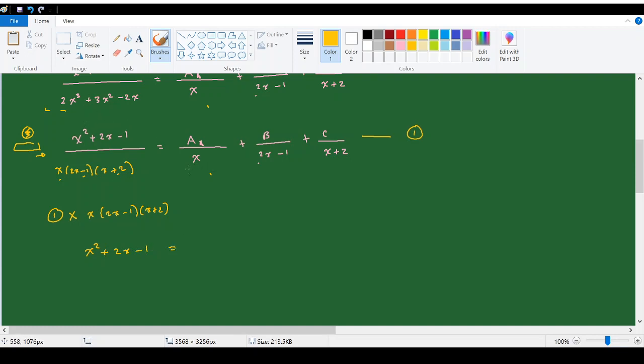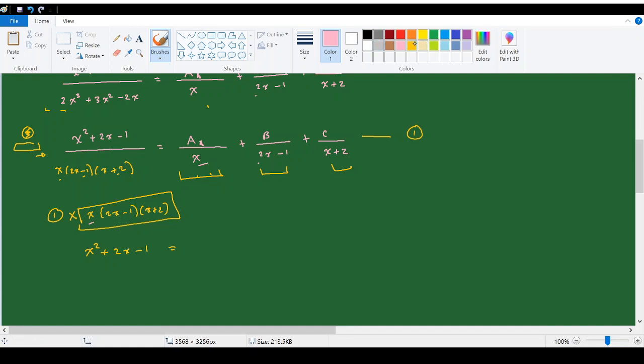For the right hand side, as we are multiplying the equation throughout, we should multiply each and every term by this product. For the first term, this x along with this one will cancel out.